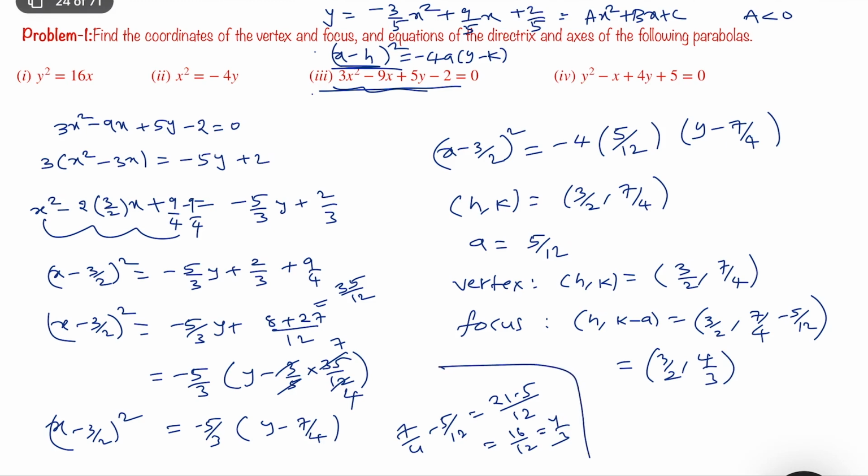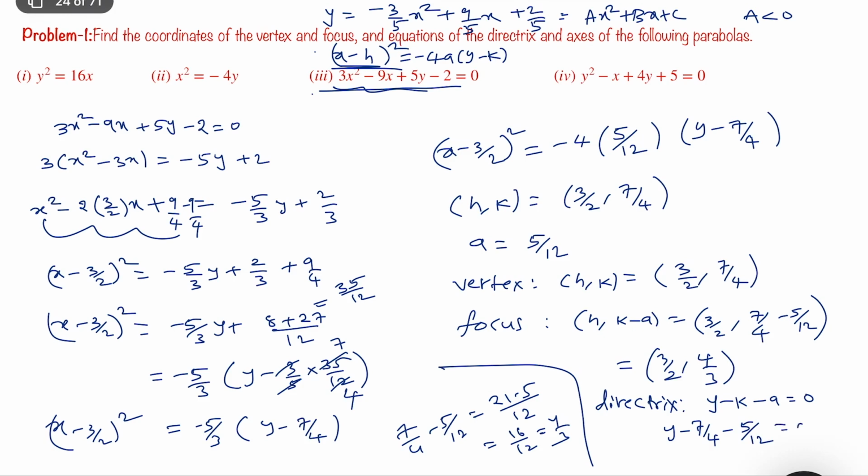Now the directrix equation is, what will be the directrix? That is going to be y minus k minus a equal to 0. So y, what is k we got? 7 by 4 minus a, which is 5 by 12.